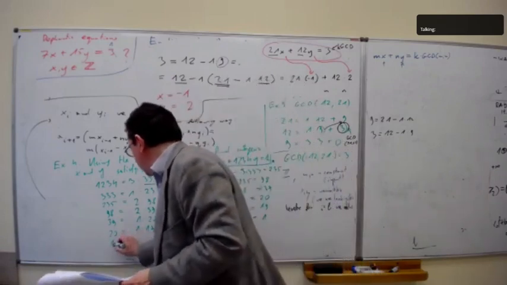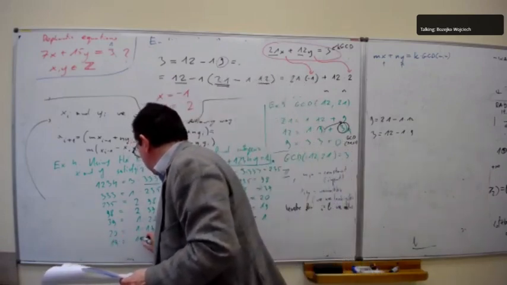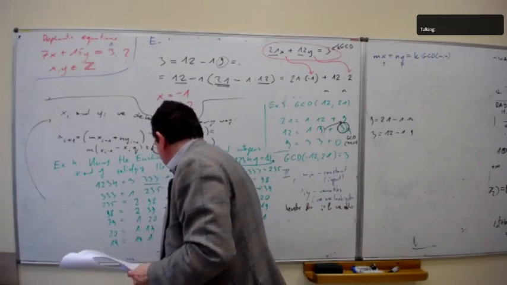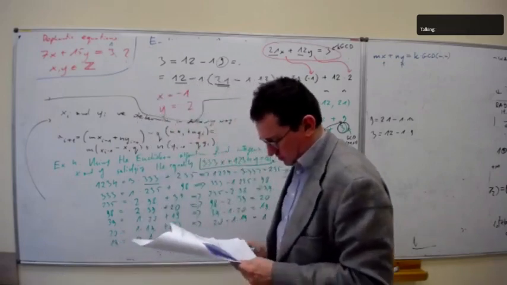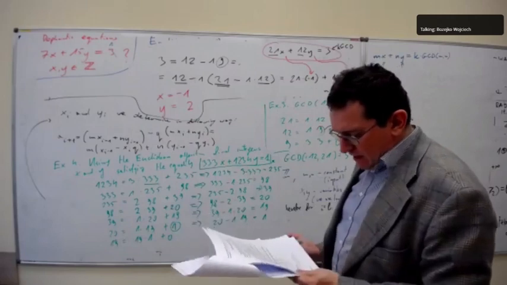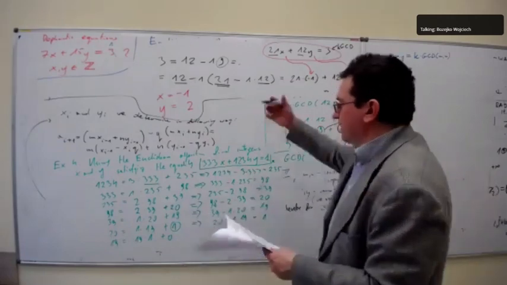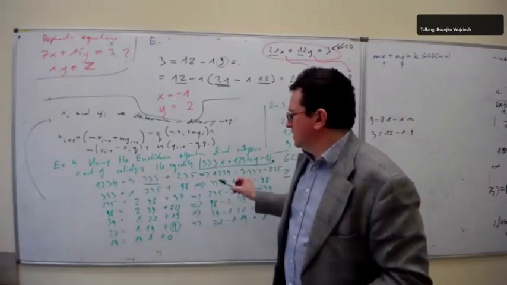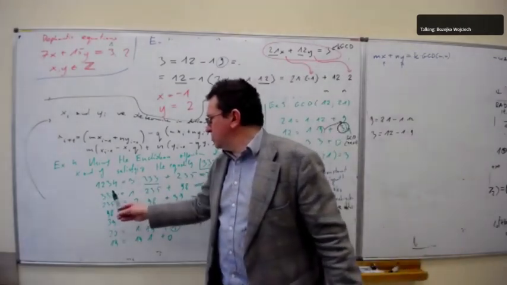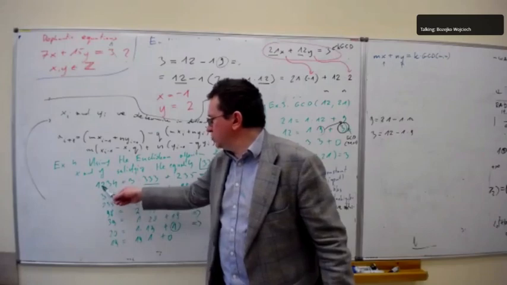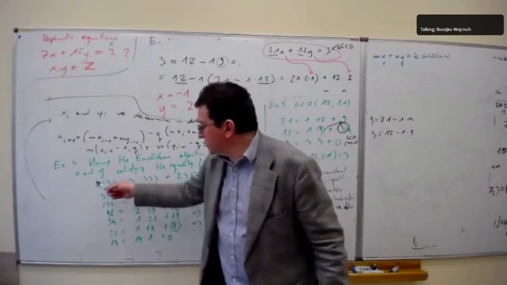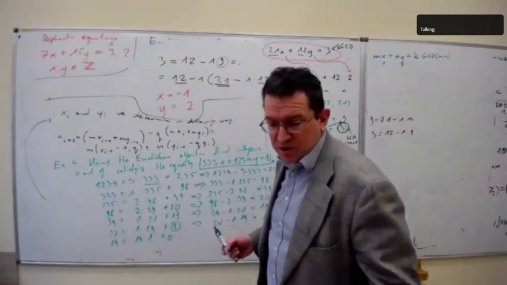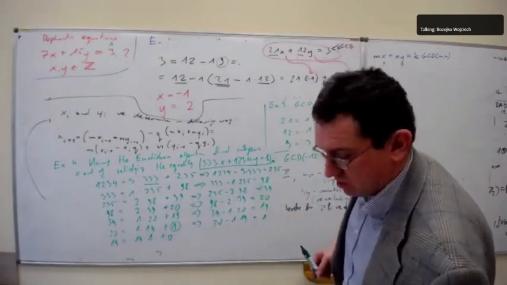And here we have 19 is 19 times 1 plus 0. So this is the greatest common divisor. And now we go back to obtaining from this one something in which we have only these 2 constants and some multiplicators which we call variables.